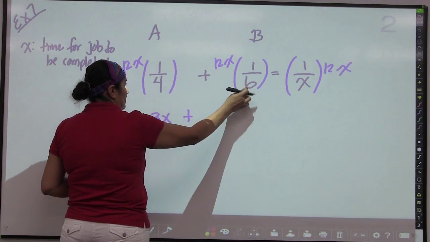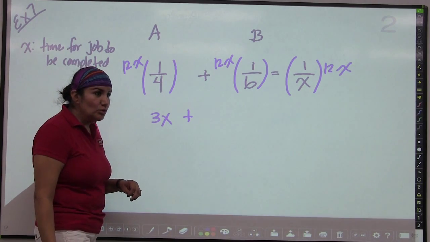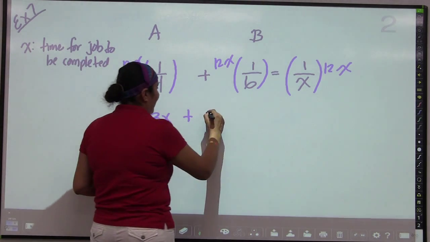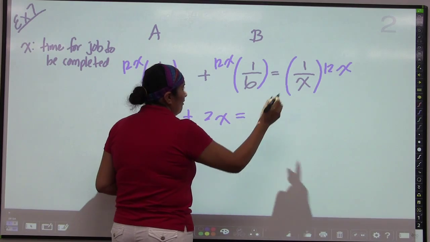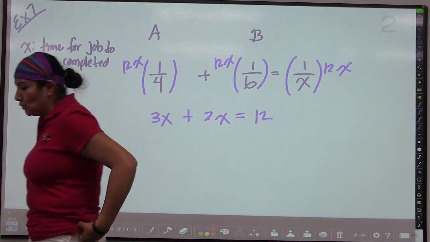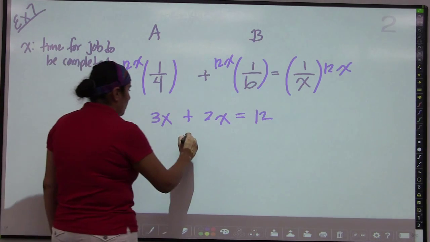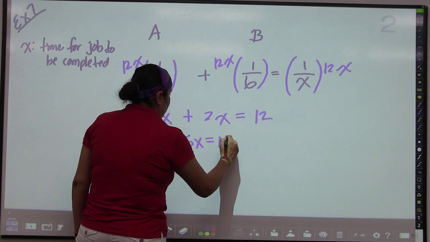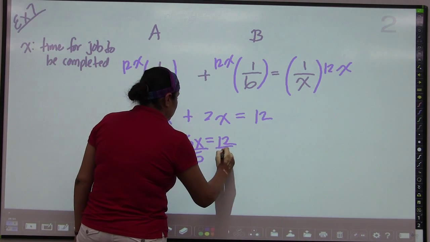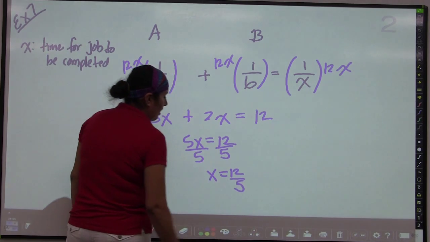Here you get 12 divided by 6, 2, 2x. And here the x's will cancel and you get 12. 3x plus 2x equals 12. Right? So you get 5x equals 12. Divide by 5. And x equals 12 fifths of an hour.